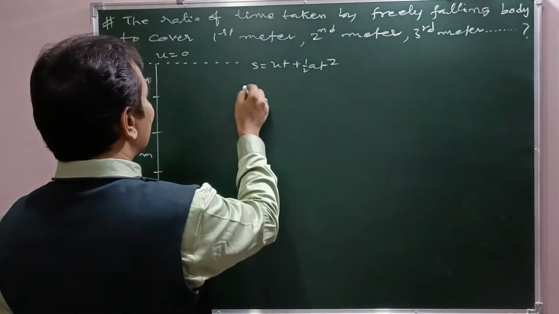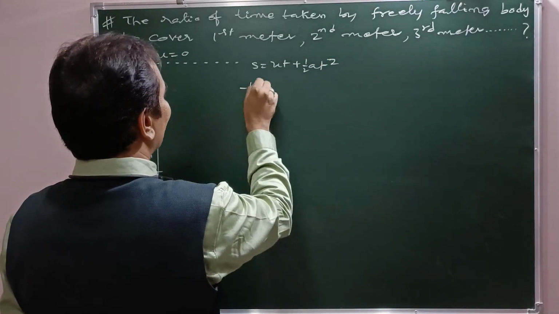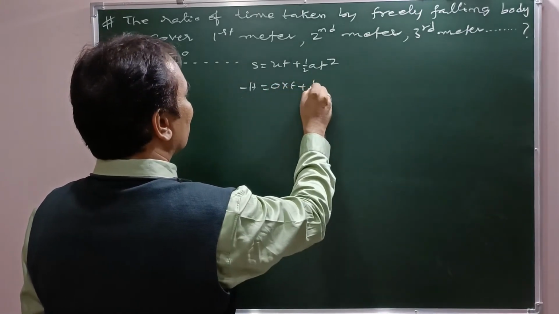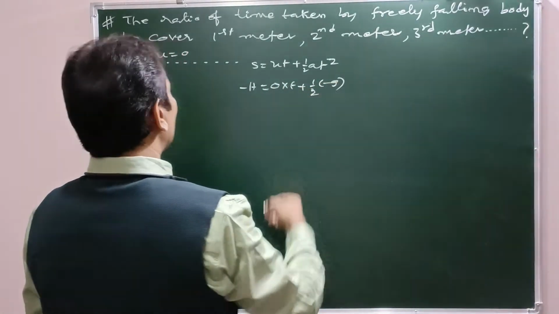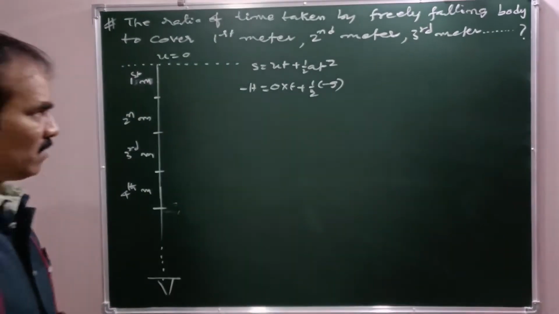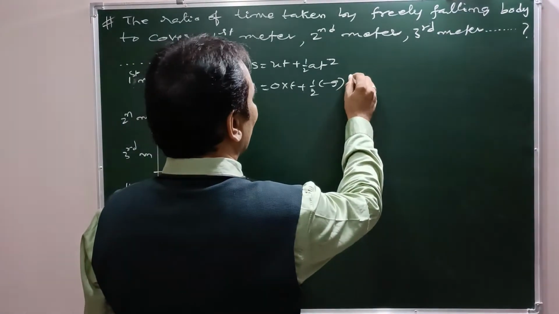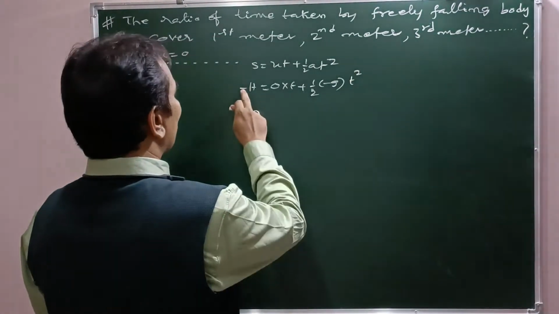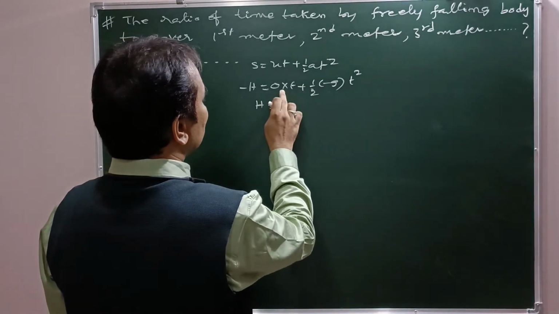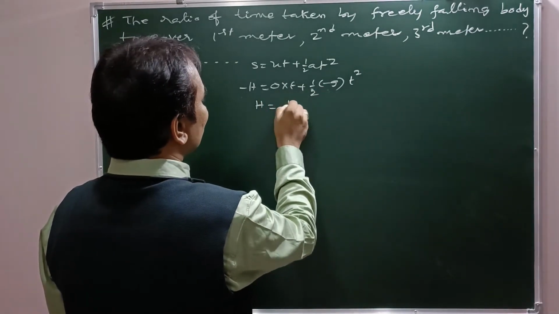Usual form. S means here minus h, for example, u is 0. So 0 into t plus half into a, and a means minus g, because g is always vertically downwards. Here t square. So minus cancels. h equal to 0 plus half g t square.